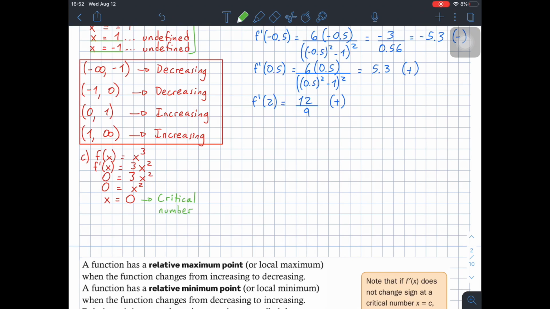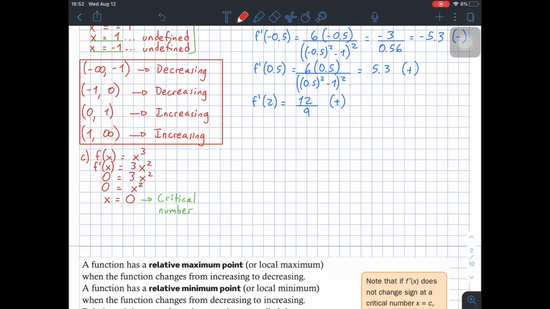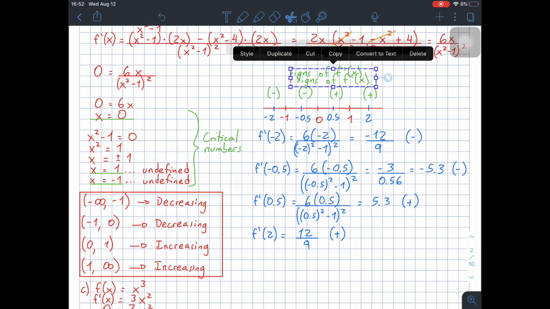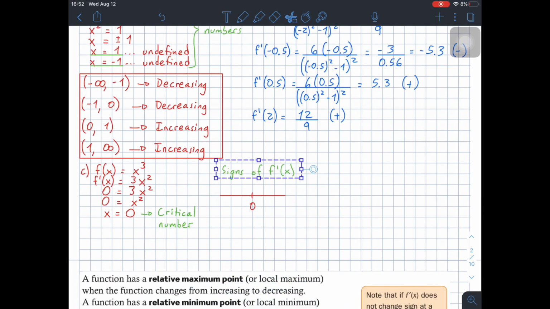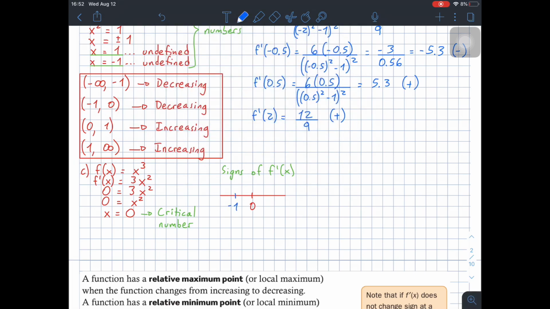So we need to analyze what's happening here by doing our number line. We only have one critical number, which is at 0. So once again, I'm going to study the sign of f prime of x. I'm going to duplicate this, bring it here. And we're going to pick a value right before 0, for example, -1, and a value right after 0, for example, 1.